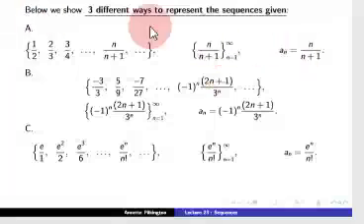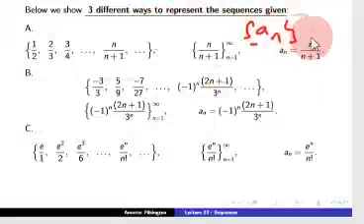We can consider a sequence a sub n, whose a sub n is defined by this. You can use either one, right? People use either one of them, right?